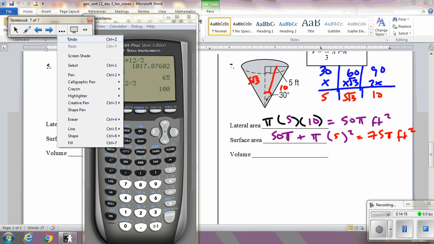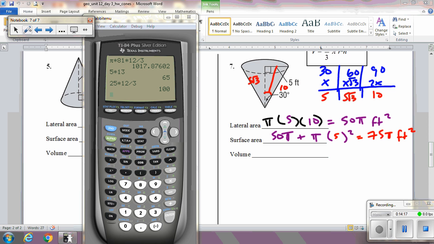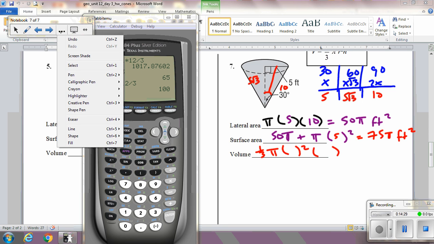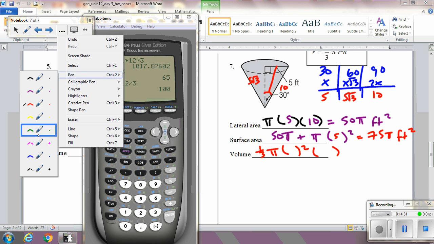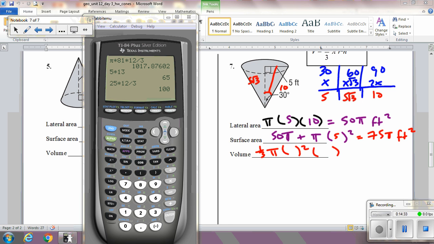And lastly, my volume. It's 1/3 pi times my radius squared times my 3D height. Radius is 5. 3D height is 5 square root 3. So even on this one, for the exact, I'm not even putting the root in the answer.